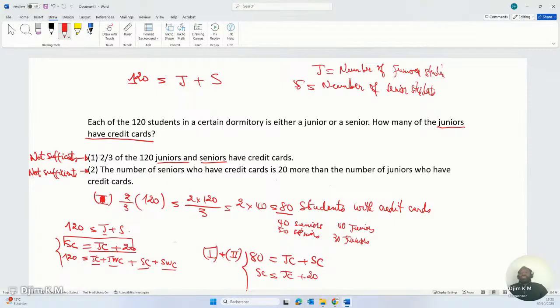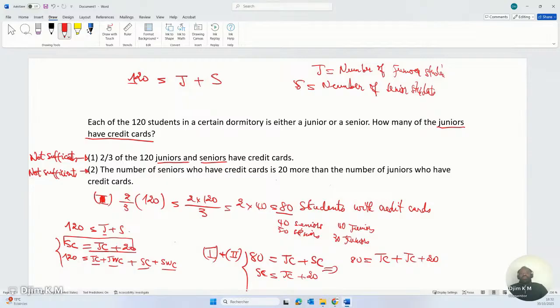Okay, so what we can do here, we can simply replace the number of seniors with credit card in this equation here. It's going to give us 80, which is equal to junior with credit card plus senior with credit card, which is equal to junior with credit card plus 20.